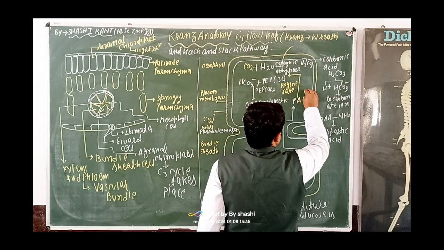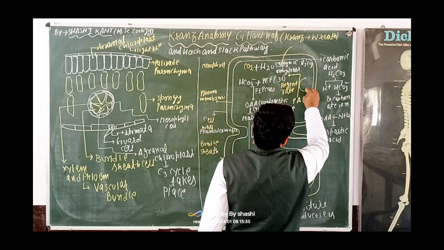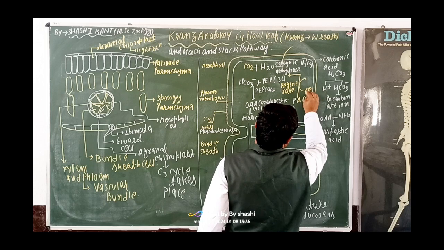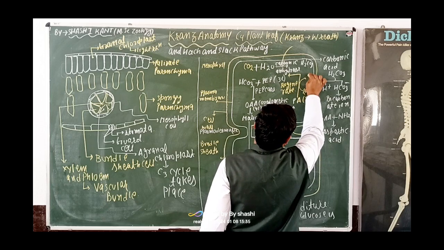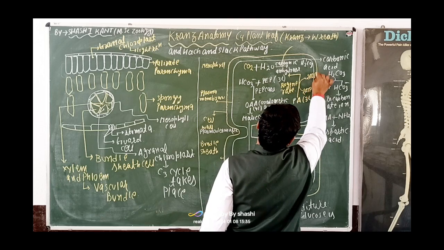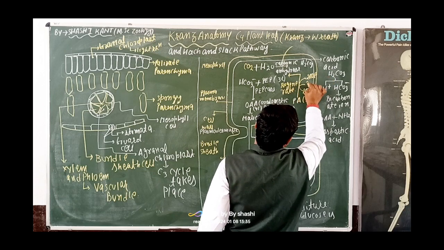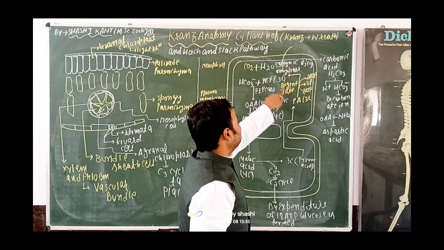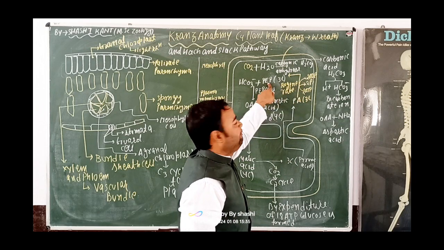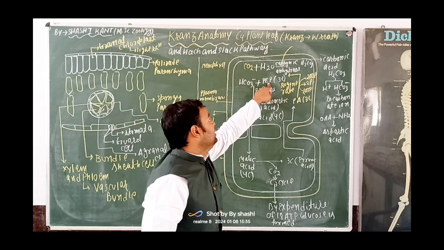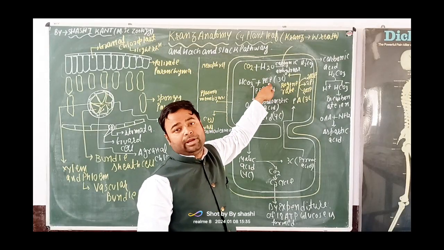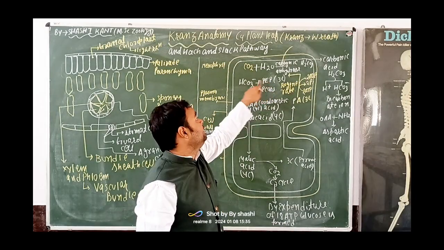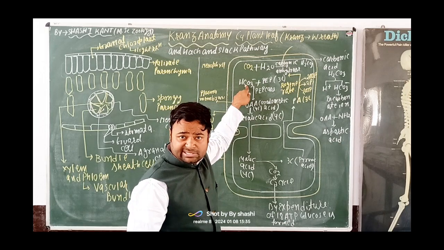So by expenditure of 2 ATP, 2 ADP are formed and 2 inorganic phosphates are released. What is regenerated by expenditure of 2 ATP? PEP is regenerated.